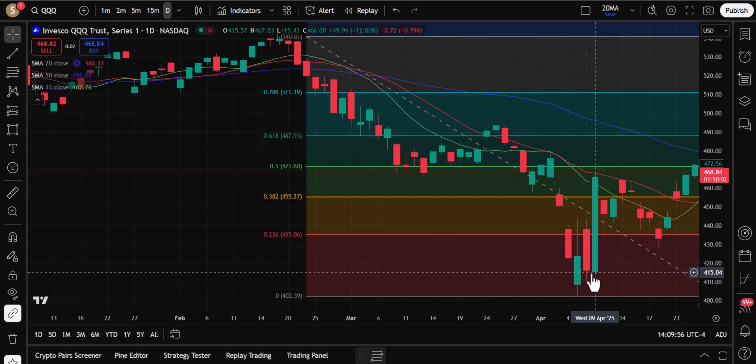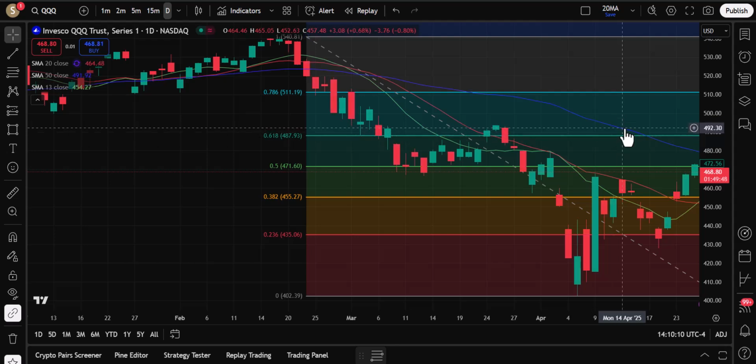And that's because if we had blown through this 0.382 level, which was 455, if we blew through that this day, and then the next few days, we were very rapidly back up into this 480, 490 area, that's telling you the market's super strong off that bottom. And you're probably looking at a V bottom, and you probably want to be looking to get long for a move higher.